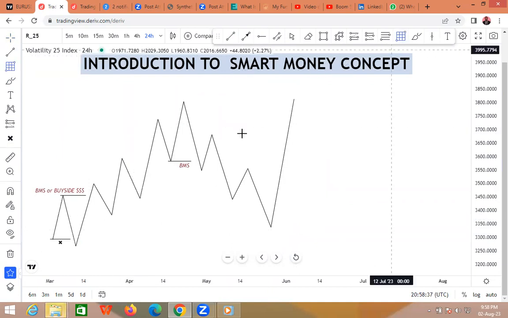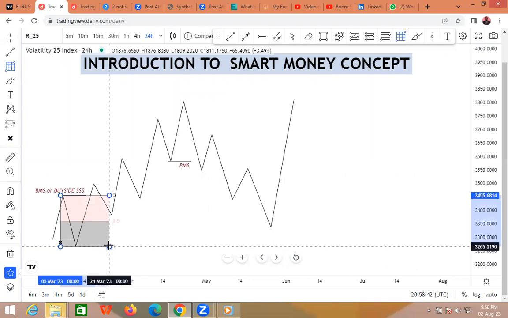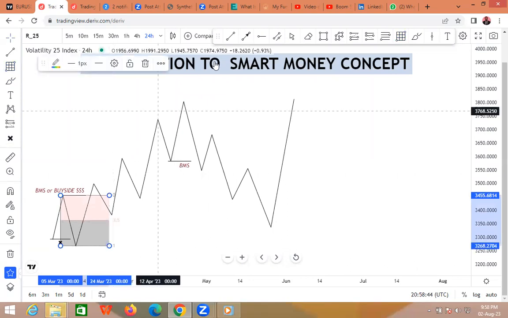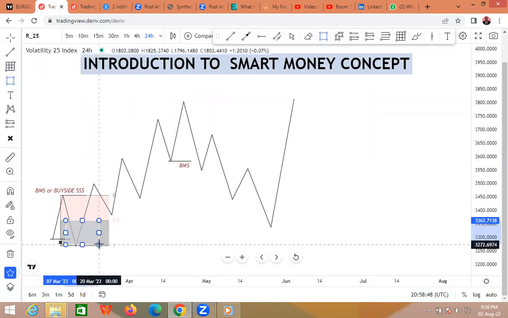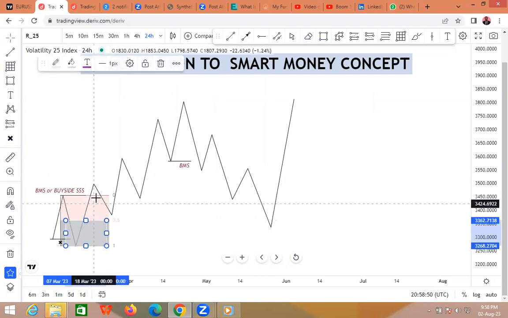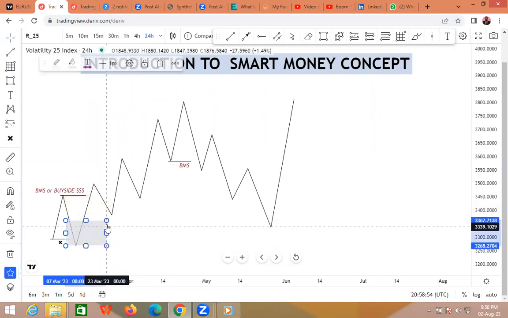Now, what am I supposed to do when price was here? It is to check 50% of this and capture it. So price didn't come back to that 50% and price left.